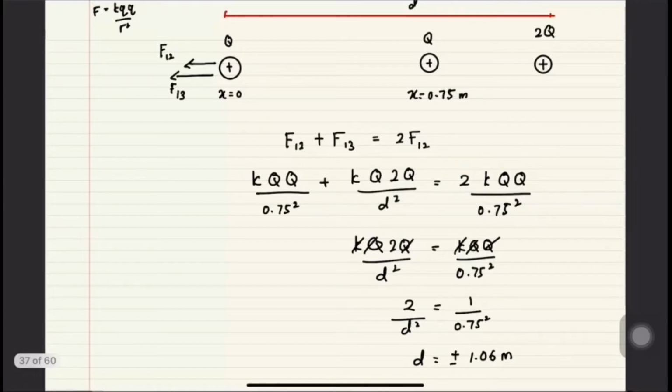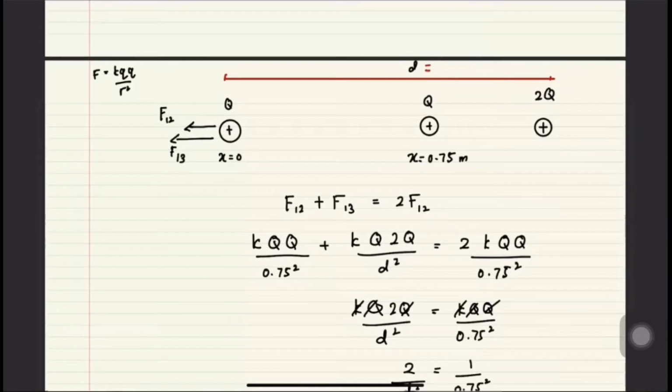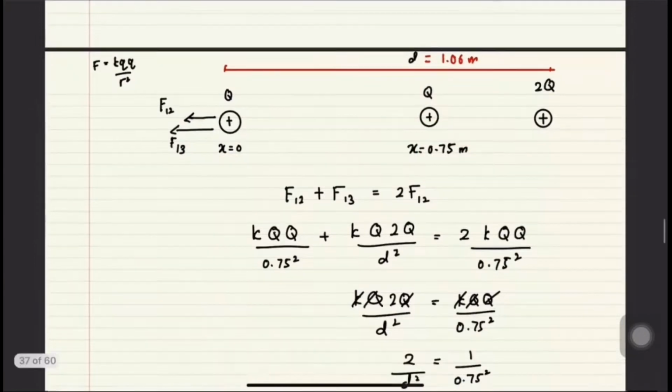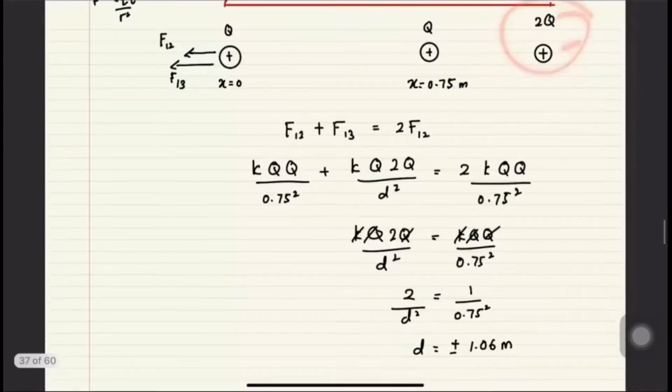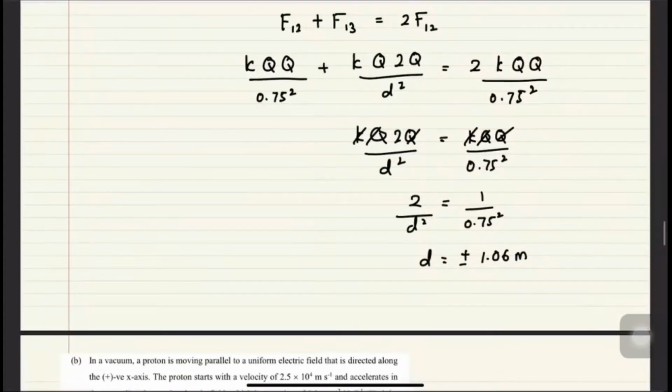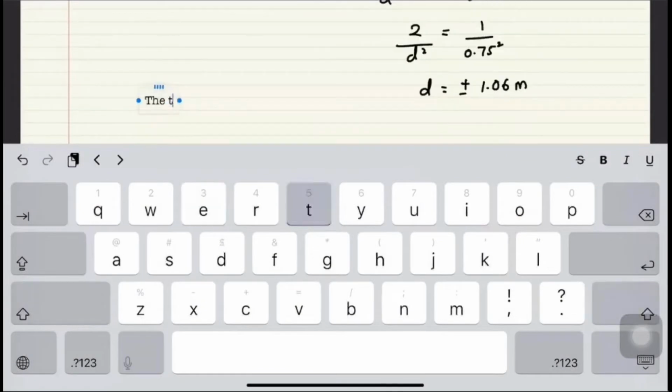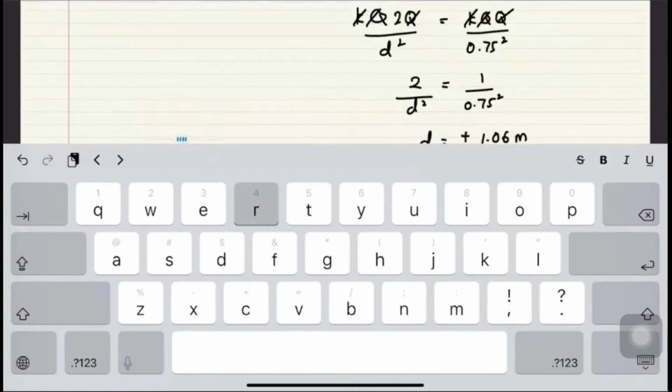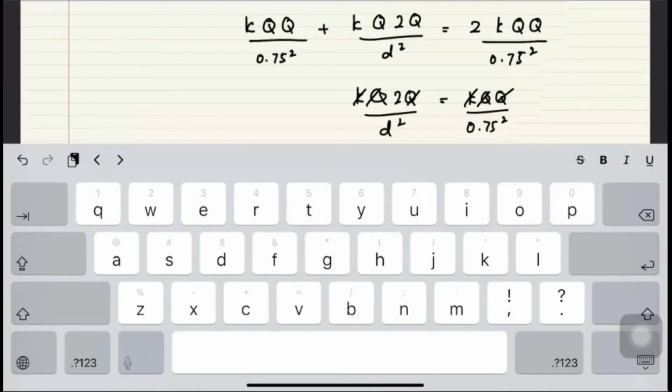So in a way, my d here will be equal to 1.06 meter, slightly longer compared to the initial distance between Q1 and Q2. So it's behind that. Okay, I can write down the final answer as: the third charge should be located there.